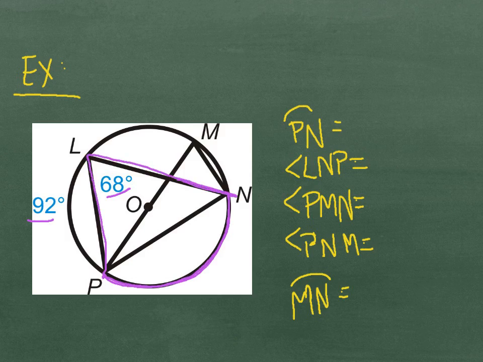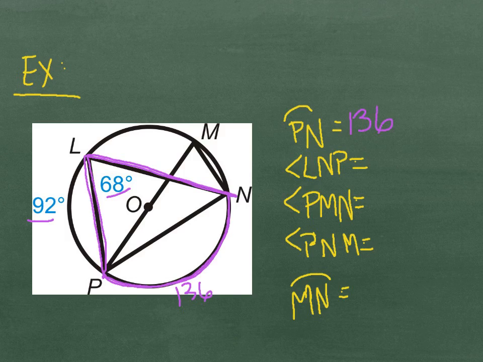Just like that. So we're going to use the 68 to help us figure out what PN is. So remember, you want more ice cream, so you're going to want to double the 68 in order to get PN. So if you multiply 68 times 2, you're going to get 136. So PN is going to be 136.